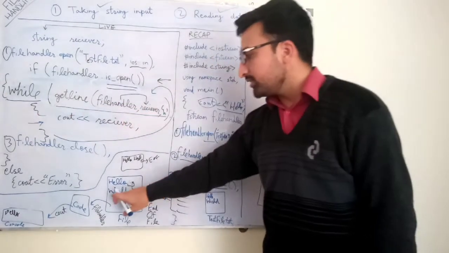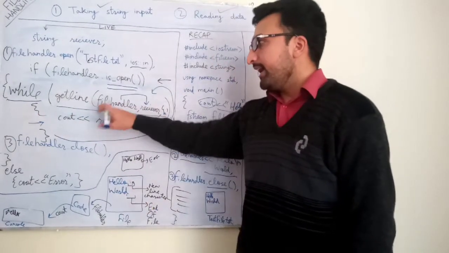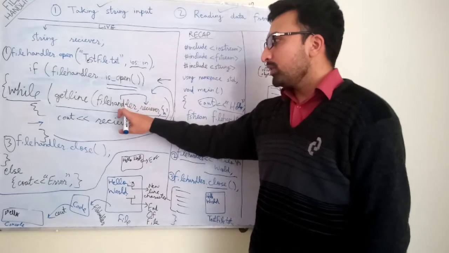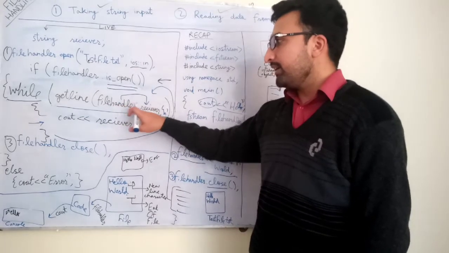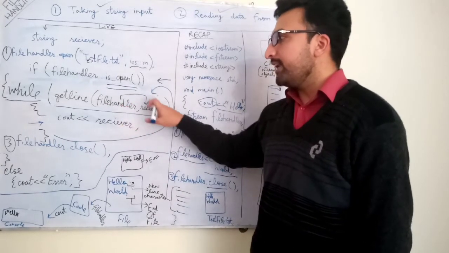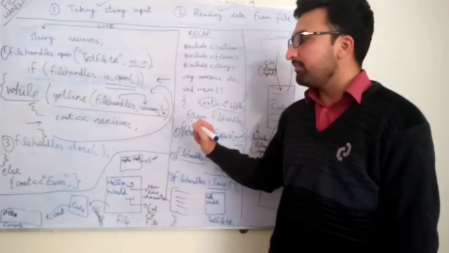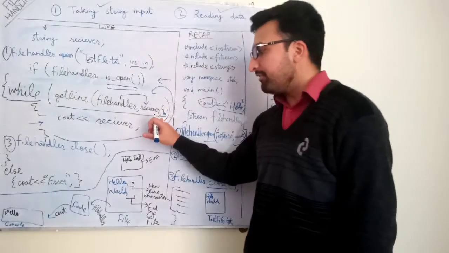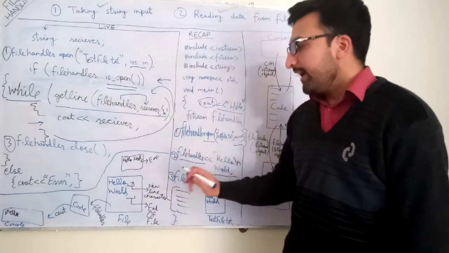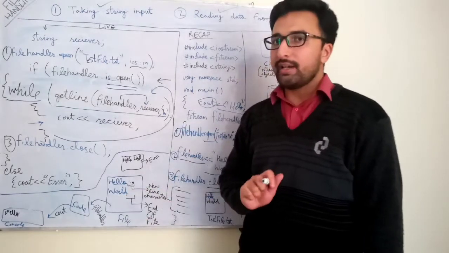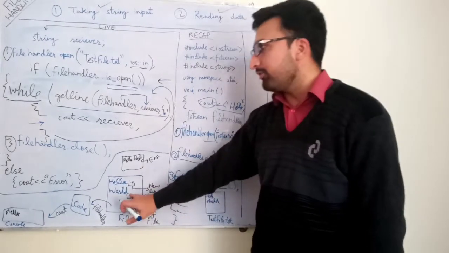Next, it was reading something from the file. And what was it reading? It was reading something through the fstream object, the file handler, into the string variable receiver until the delimiter arrived or the end of file arrived. In this case, the delimiter did not arrive. However, we arrived at the end of file.